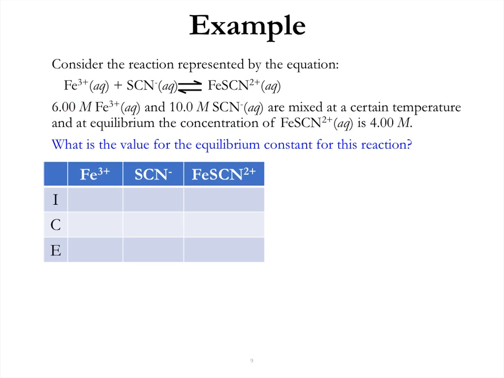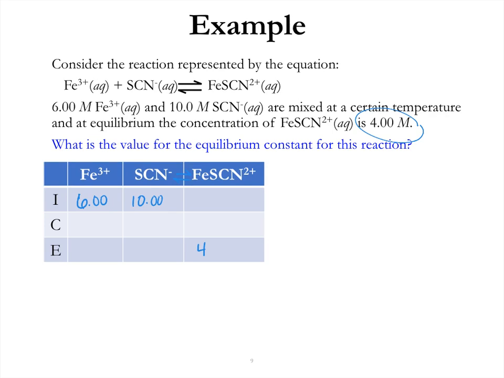But wait, there's more. So here we have a system at equilibrium. We have our iron and thiocyanide ions, and we have our initial concentrations of 6 molar and 10 molar. And then it tells us the equilibrium concentration is 4 molar for the product ion.